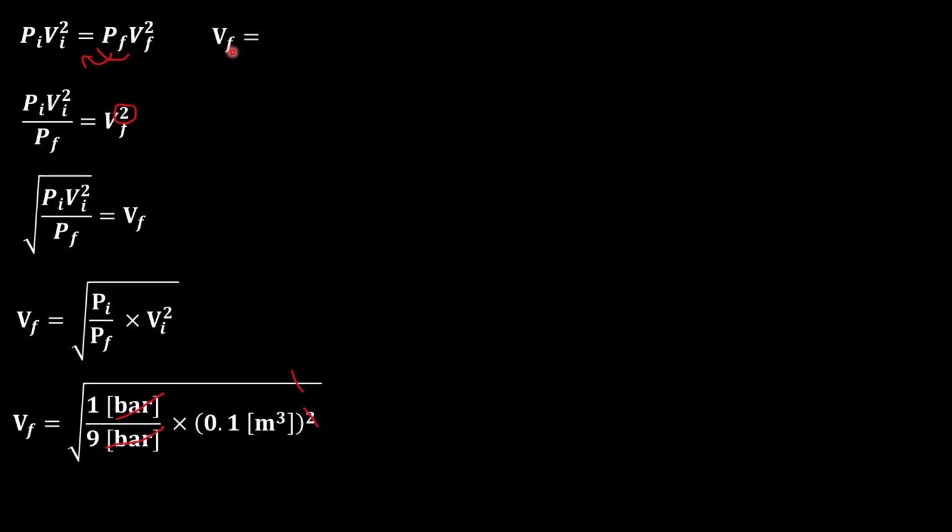So the final volume will be 0.033 cubic meter. All right, so now we were able to find the final volume. Next, we want to find the work, or the amount of energy it takes to compress this gas.